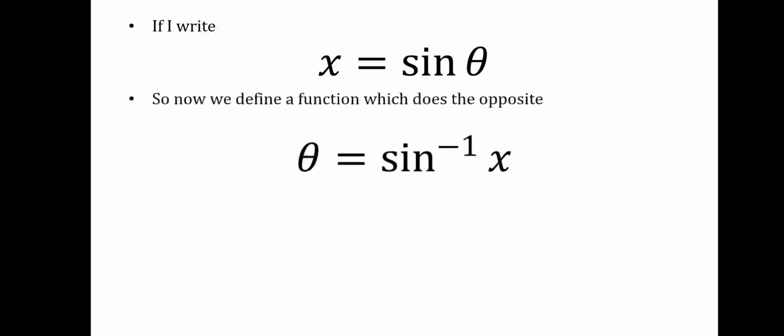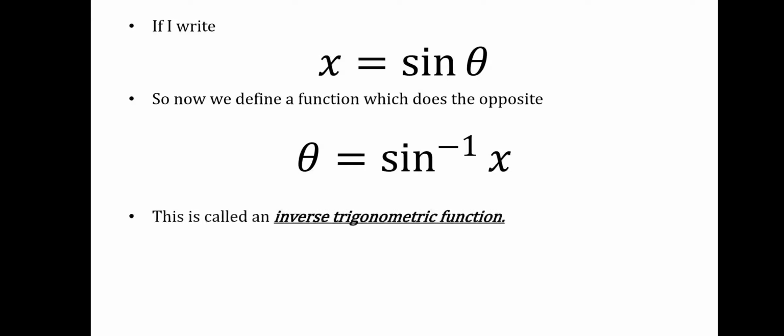So if I write something like this, that means what? It means that this function, I haven't given any name to this function yet. So this function is doing what? It is taking some value x and it is returning back an angle for which sine theta is x.